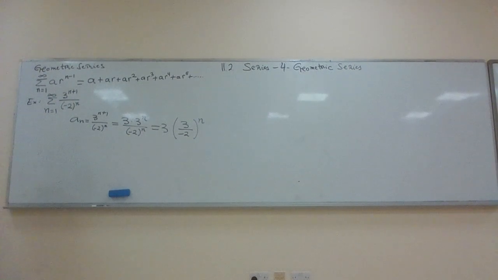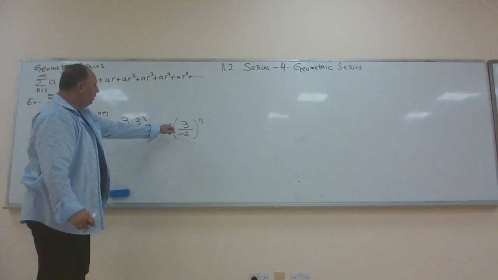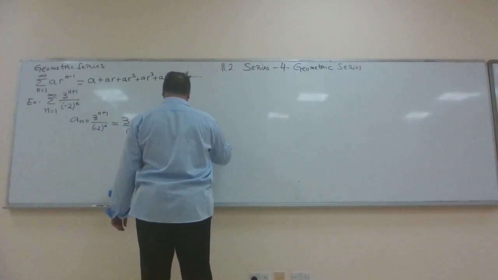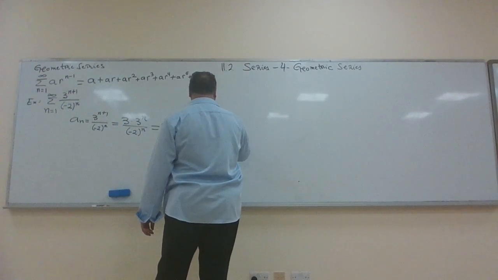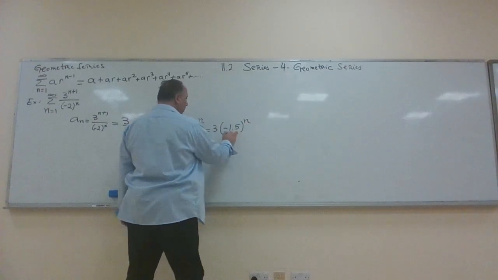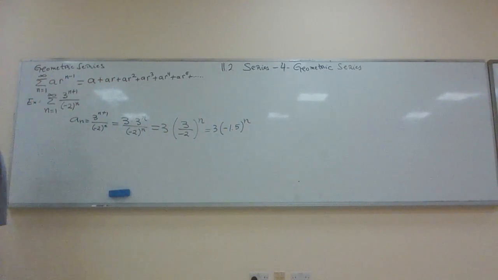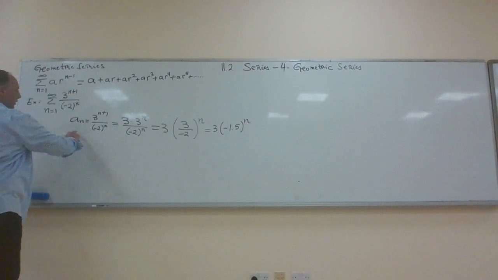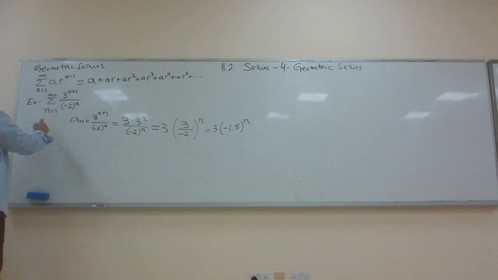That's cute. Now, how much is this? It's maybe useful to write it, just to see a little bit. So this is negative 1.5. Oh, there is something happening. So that's useful to rewrite. Then we can now write the sum, the series.